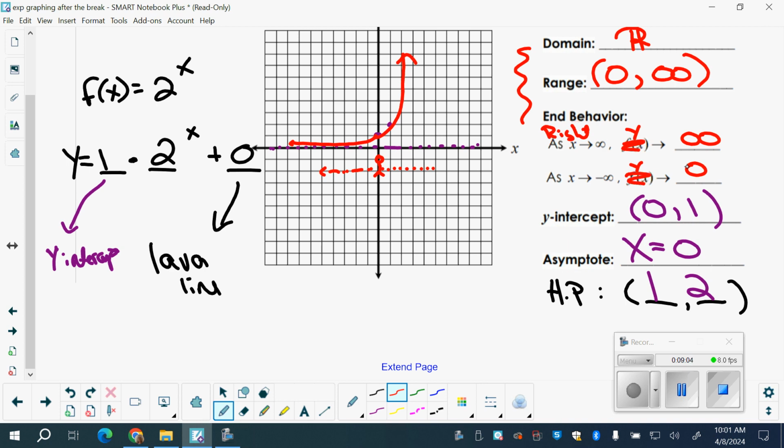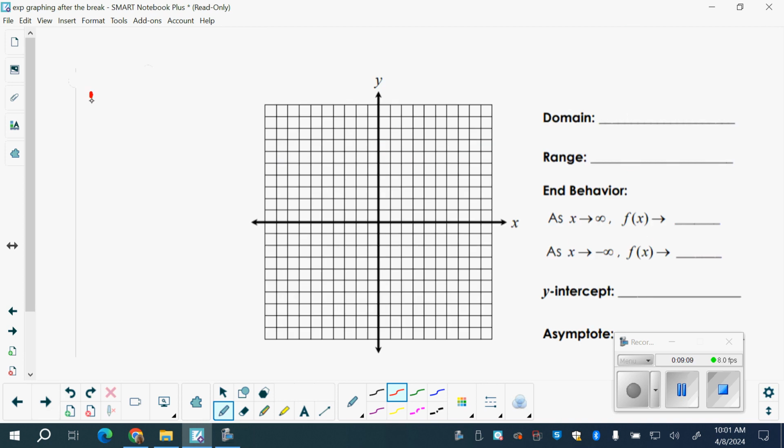So I'm going to have you try one. You guys ready? Here we go. I want you to do this one. F of x equals x to the third. Try it all by yourselves. I'm going to walk around. Love the yellow lava line.